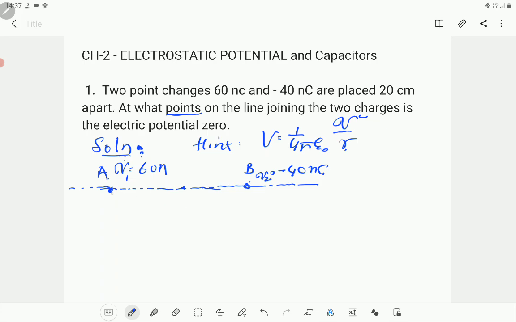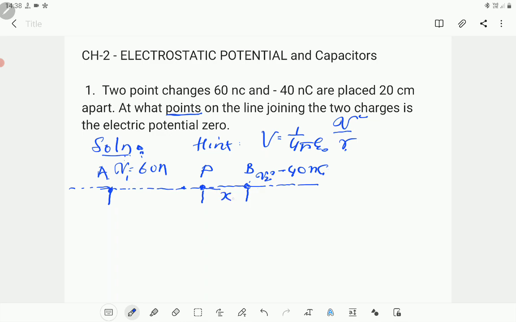Let us suppose between these two charges A and B there is a point, let us call that point P, where potential is supposed to be 0. That point is at a distance x from the smaller charge.